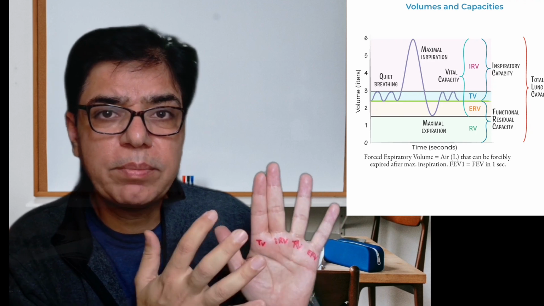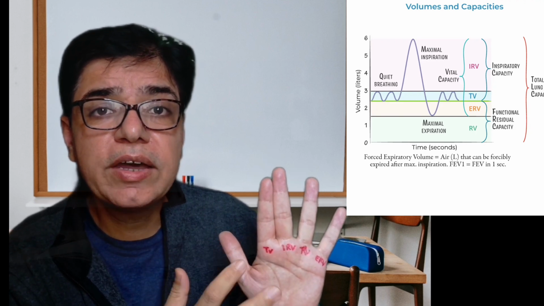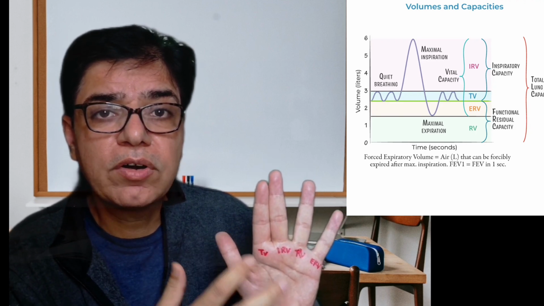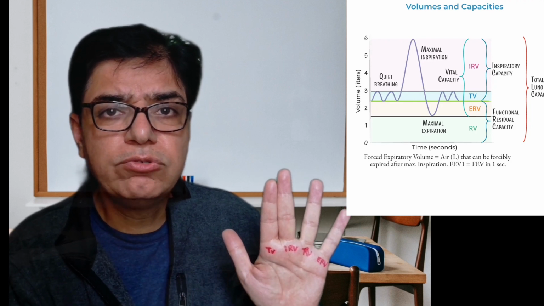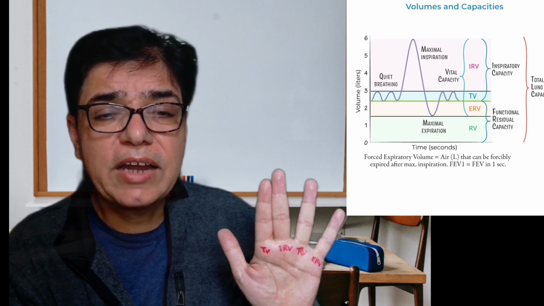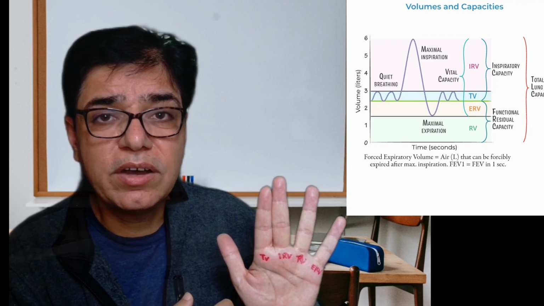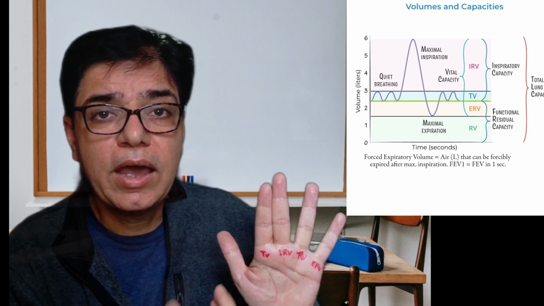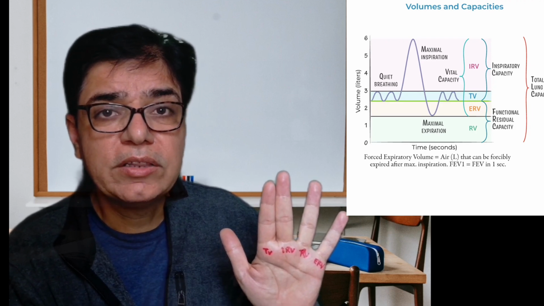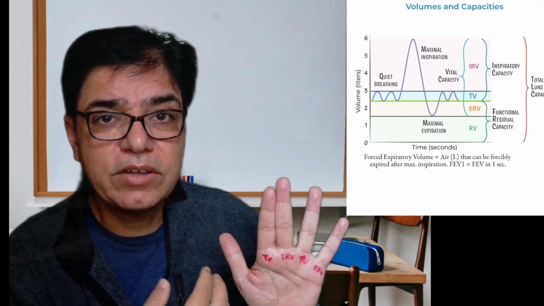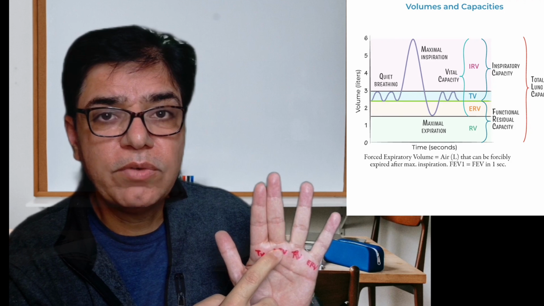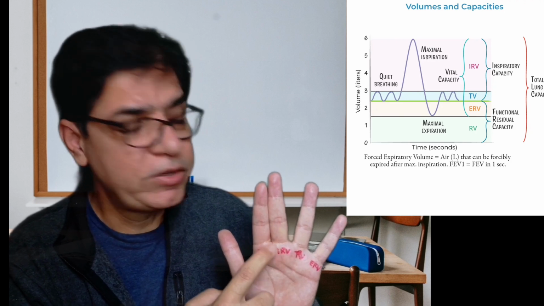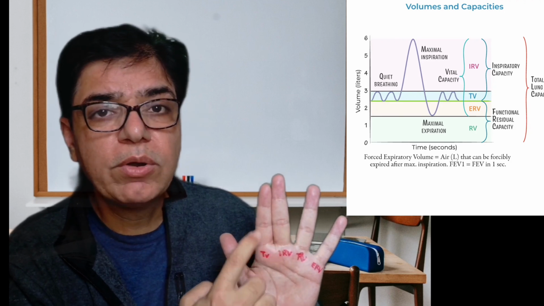The inspiratory capacity is the maximum volume of air that can be inhaled after a normal exhalation. Imagine I suddenly ask you to take a deep breath right now. The amount of air that you would take inside includes your tidal volume and, above and beyond that, the maximum amount you get inside. That is the sum of your tidal volume and inspiratory reserve volume, and we call it inspiratory capacity.